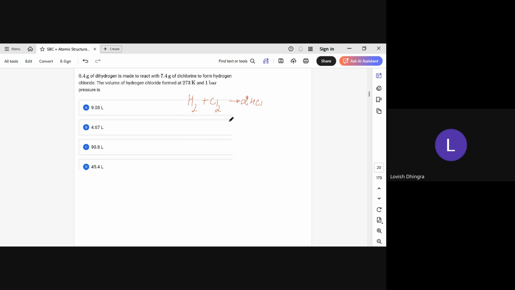And 0.4 grams is given of dihydrogen H2. So according to this reaction, 1 mole of H2 combines with 1 mole of Cl2 to give 2 moles of HCl. And it is given to me that I have 0.4 grams of this dihydrogen.